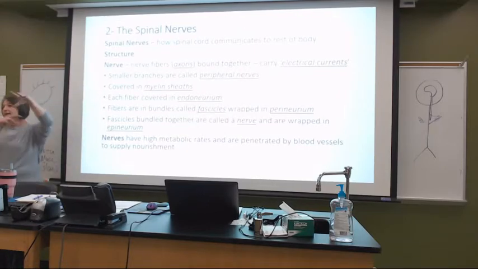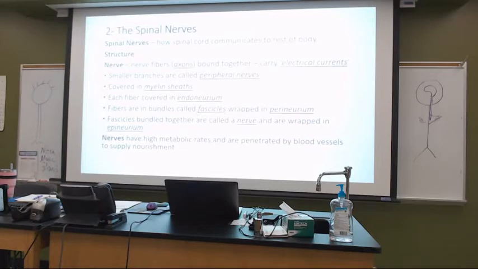As they continue to move around and all over the body, they begin to get a little bit smaller because they're meeting, for example, in skeletal muscle, individual fibers, individual muscle cells. So they branch.